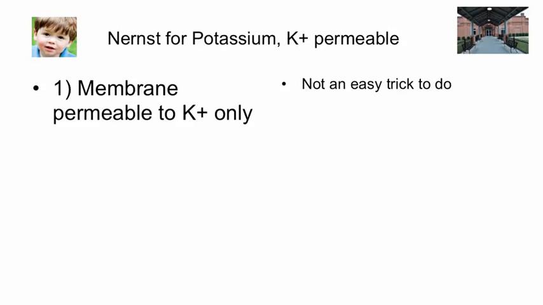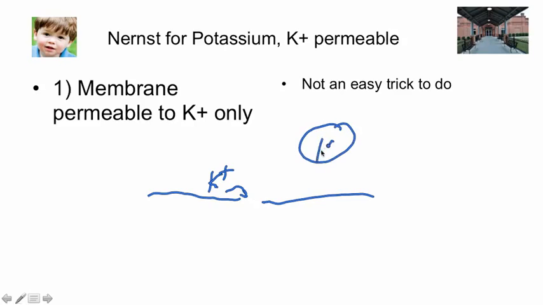It's not an easy trick to do, because what we're asking the membrane to do, here's the membrane, and here's a potassium channel right here. That's the channel. Here comes the potassium.